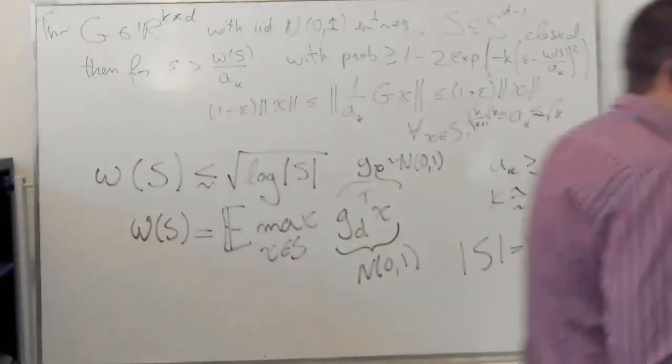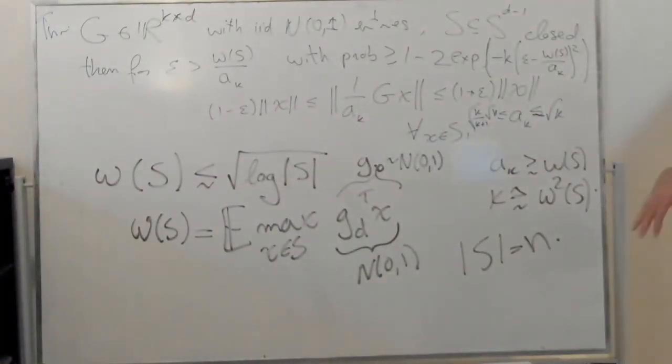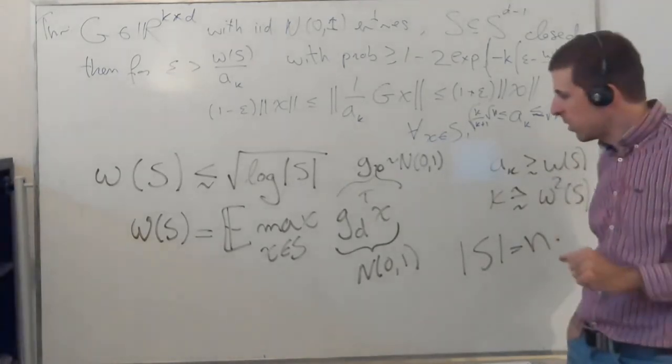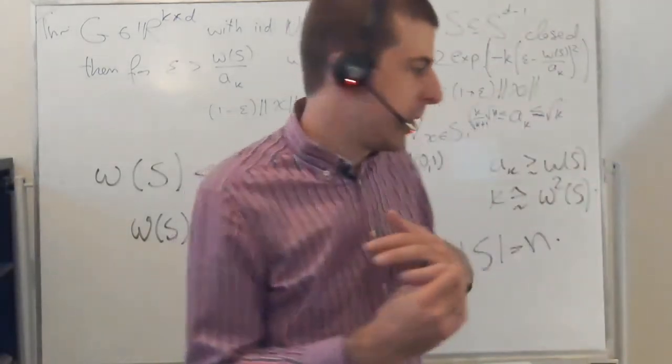One easy way to see this is to do a union bound. The probability that the Gaussian is bigger than some t will be something like e to the minus t squared, up to some constants that I'm not worrying about for the sake of this discussion.